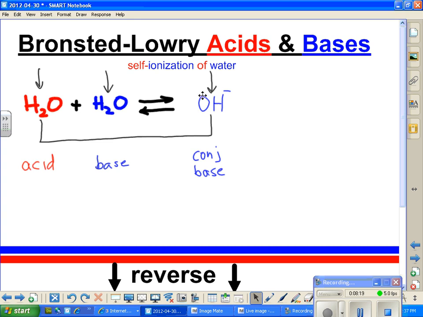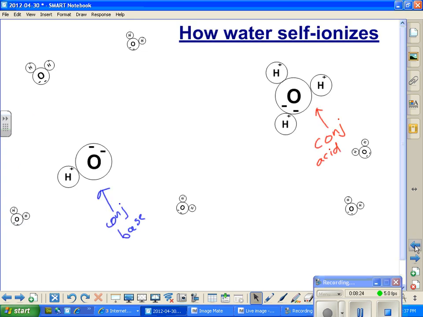And let's go back and verify that again. On this page, let's do that all over again. Here is that water on the left that was in red, and he's called the conjugate base. And now we're going over here.